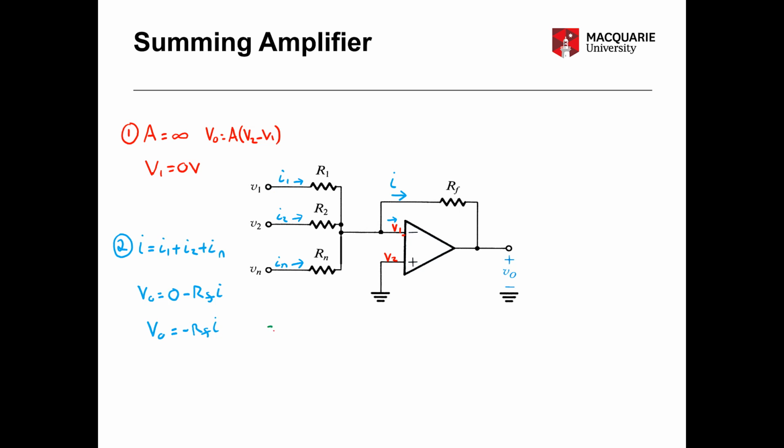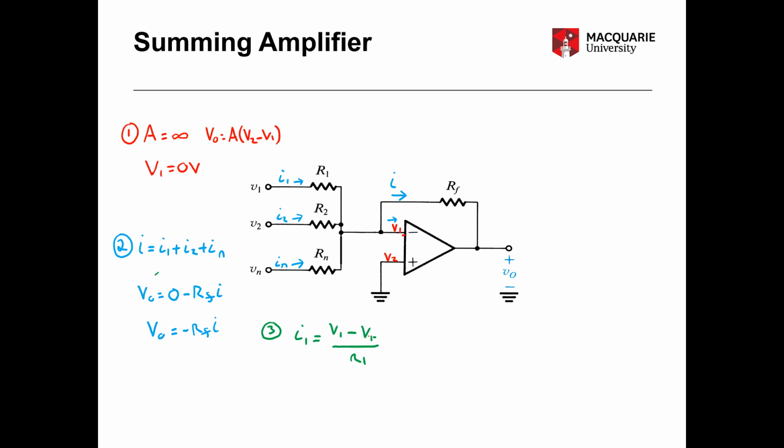So if we want to know the current I1, then that's simply going to be V1 minus the voltage going into the inverting op-amp input, so that's the V1 minus, all over R1.